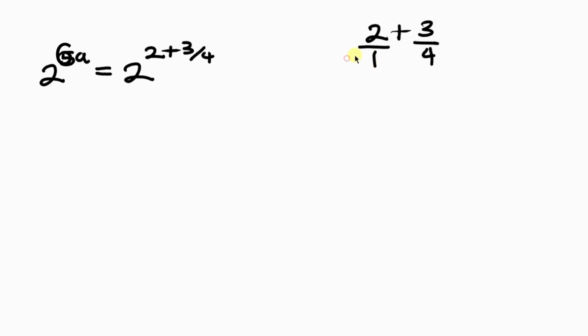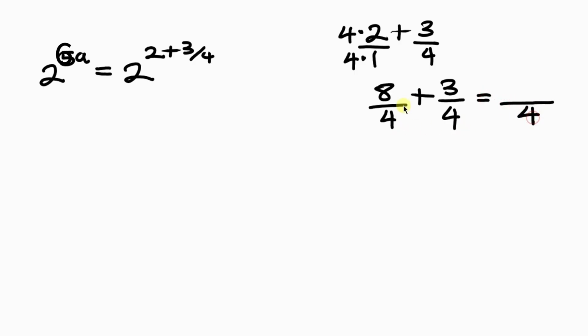And whenever I multiply the denominator by 4, I should also do the same to the numerator. So watch. 4 times 2 is 8, all over 4 times 1 is 4, plus 3 all over 4. Now this adds up to, write down the common denominator, that is 4, then add up the numerators. 8 plus 3 is 11.